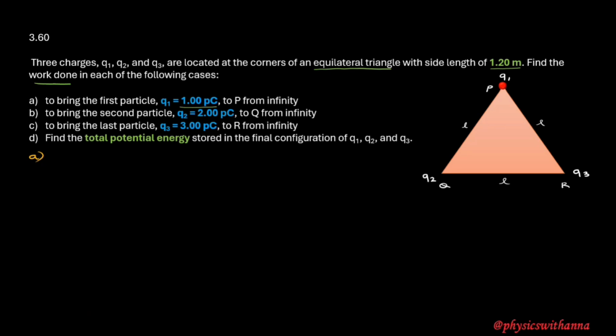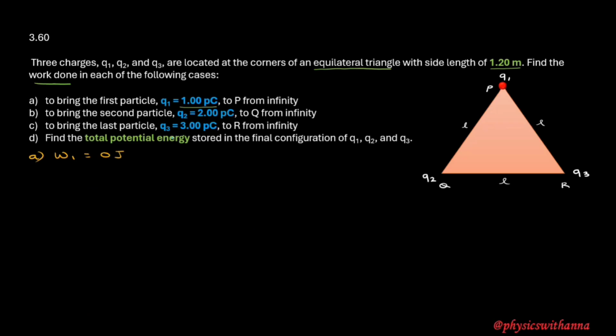So work done in bringing Q1 from infinity to this point will be equal to 0, as the point is an empty space and there is no other charge that Q1 has to interact with. So I can write W1, the work done in bringing charge Q1, to be equal to 0 joule.